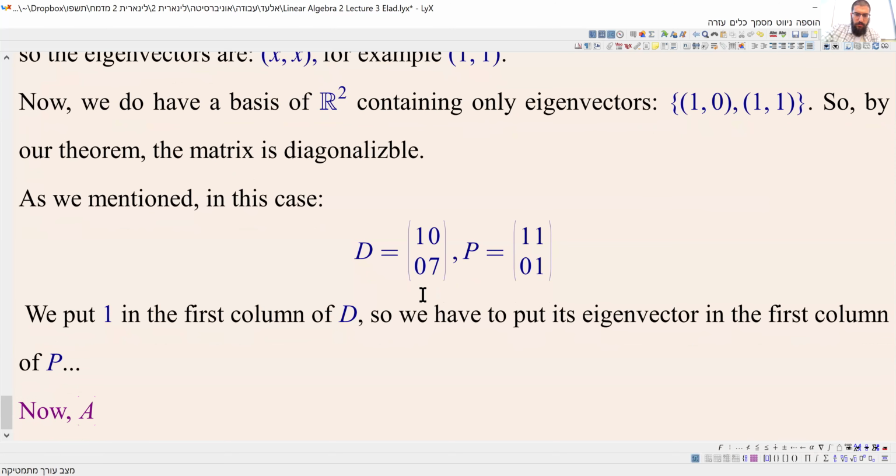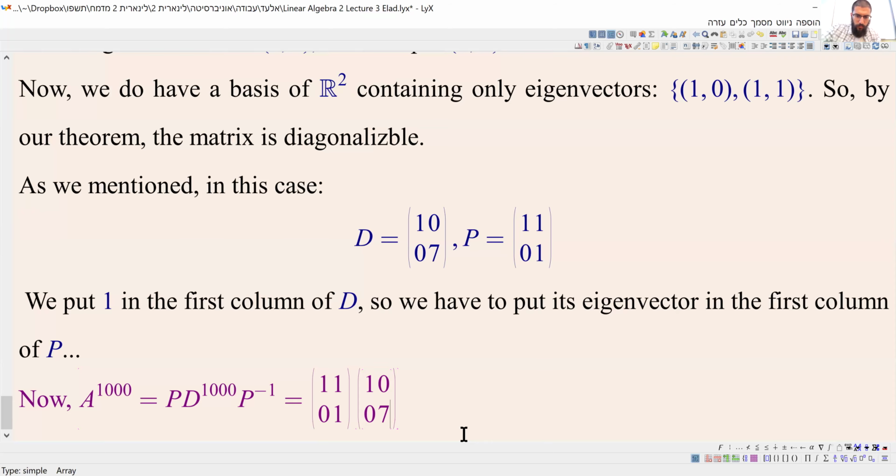A to the power of 1,000 is P D to the power of 1,000 P minus 1. D to the power of 1,000 is just, because it's diagonal, the elements of the diagonal to the power of 1,000, and then P minus 1.